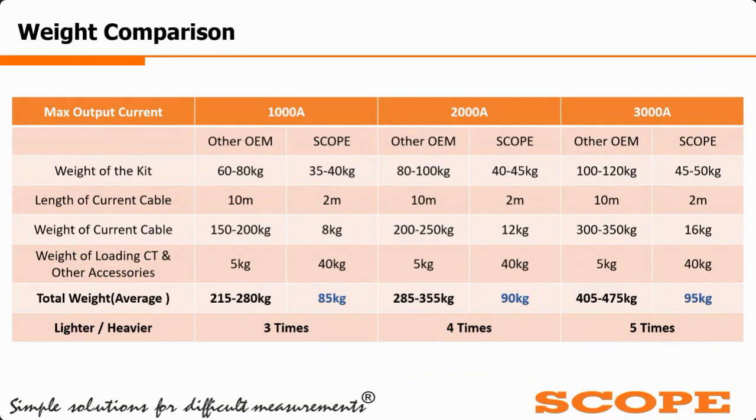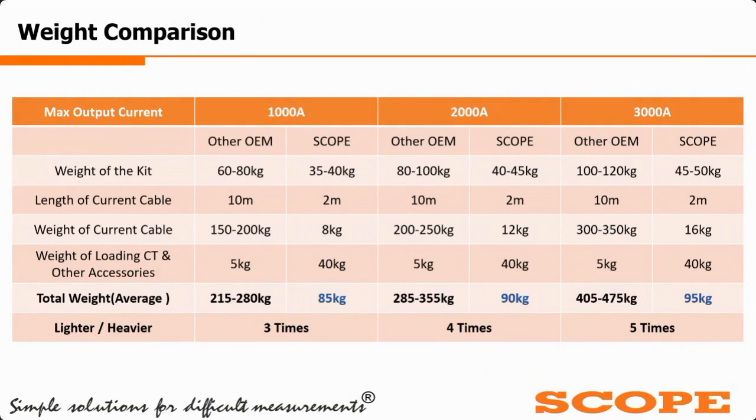Similarly, for the total weight of current cable, other manufacturers' copper cable weight is around 150 to 200 kg. However, for the Spoke manufactured Prima equipment, we require only 8 kg weight of copper cable for injection of current.